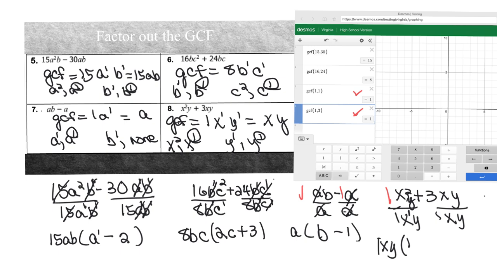I subtract to get x to the first. Y's are the same, they cancel. Plus 3 divided by 1 is 3. X's are the same, they cancel. Y's are the same, they cancel. So my answer is going to be xy times (x plus 3).